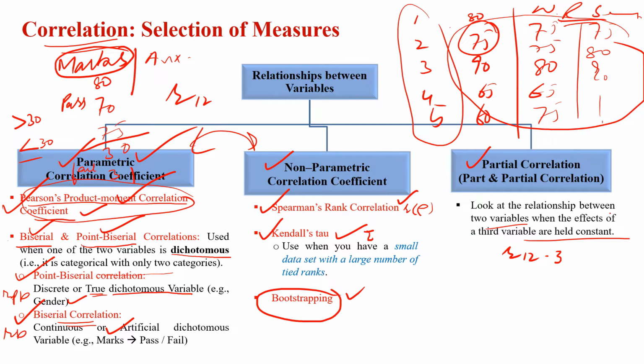For example, we have exam performance as a variable, then anxiety, and then revision. We want to find the correlation between exam performance and anxiety by removing the effect of revision. So that is basically a controlled variable. There is a mathematical way to calculate this, and in that scenario we can apply the partial correlation coefficient.